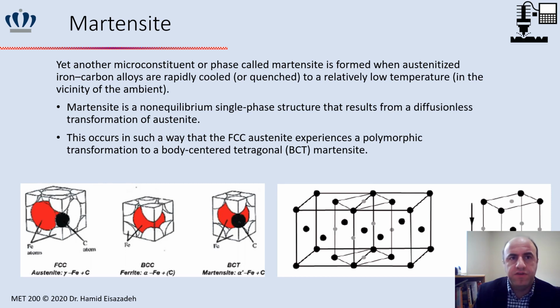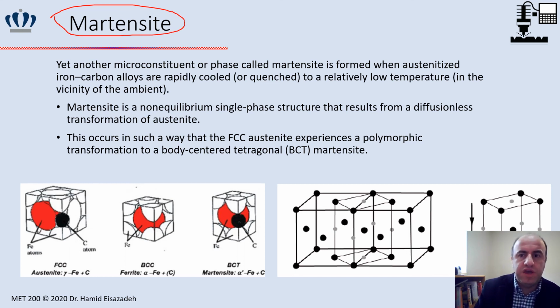The next phase that we didn't mention before is called martensite, and it exists in steel. That is the main reason we have hard steel, because we have martensite. It's a very hard phase. But how can we get martensite? The main reason is that the carbon solubility of gamma, or austenite, is more than alpha, right?